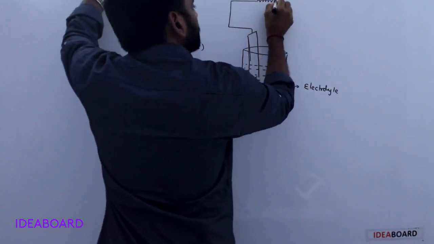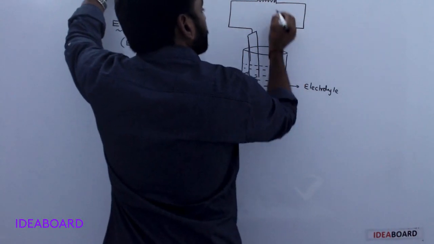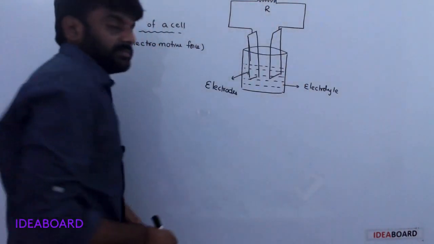It is the external circuit, resistance is R. Understood?